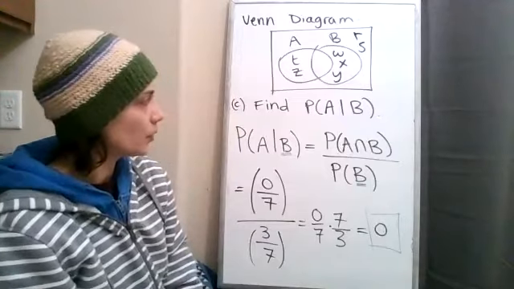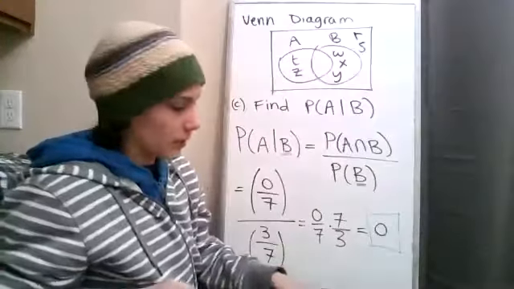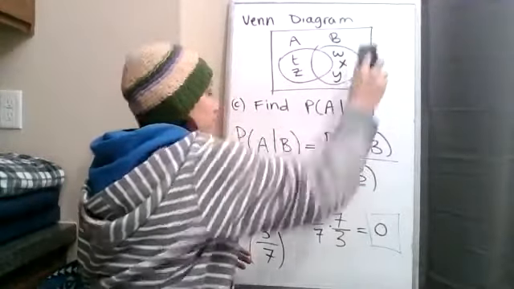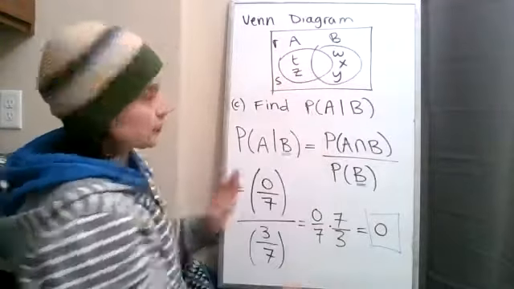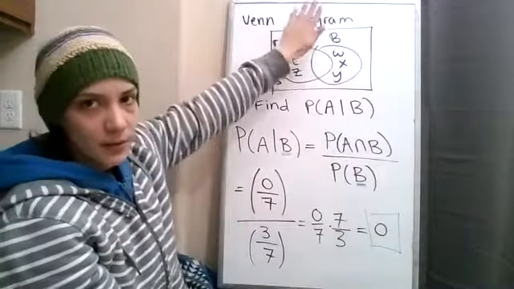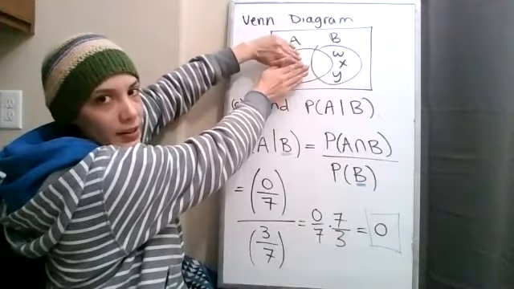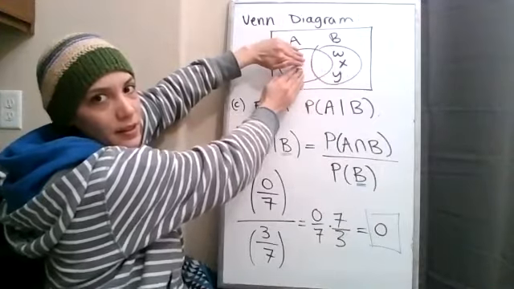But also, like we did before, you know that B occurs, so we restrict the space to just that part. Okay, so we focus on event B. That's already occurred. So how many times can event A occur out of B? Well, 0 times out of 3.